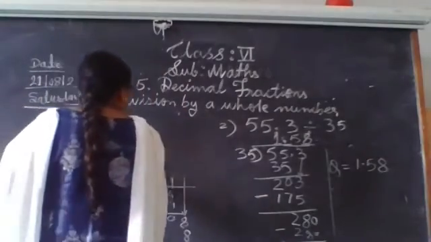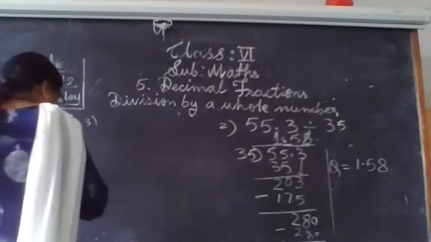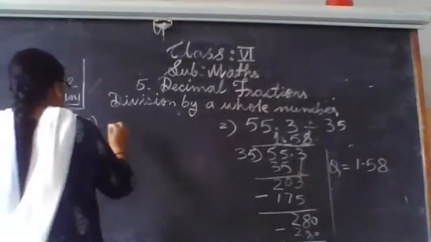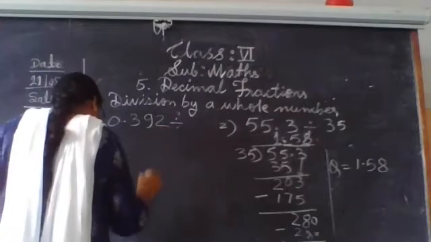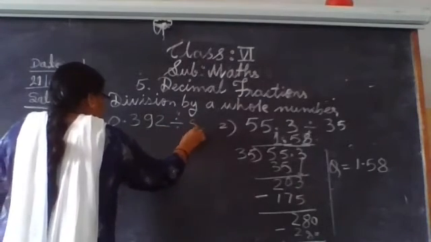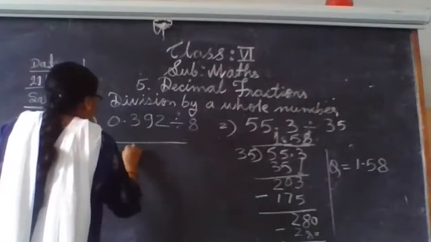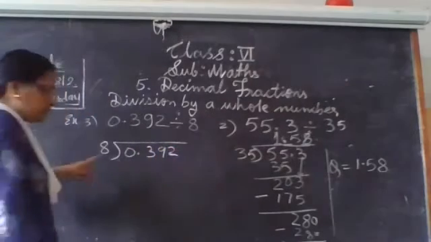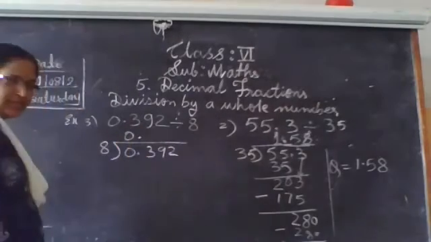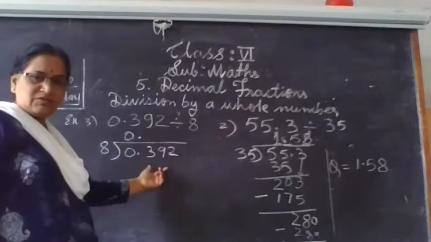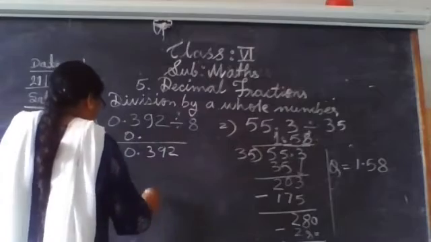Let's see one more example. It is 0.392 divided by 8. See children, here the whole number is 0. Okay, so we will put the decimal point over here and then we will take the fractional part.